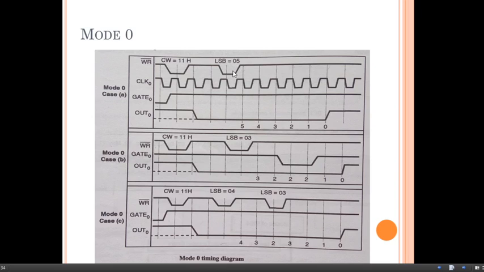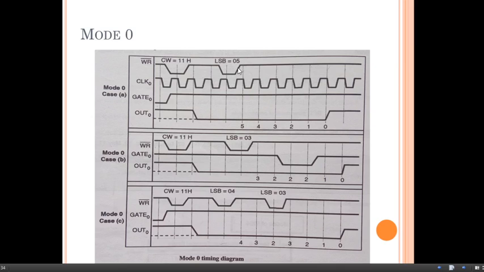Then when the counter is initialized in this mode 0, the output goes low. Here we can observe, at this location our counter is initialized. So once the counter is initialized, at the negative going pulse of this clock cycle, our output goes low. After this, the data of the counter, that means 5H, is loaded and transferred to the counter on the next low going edge.